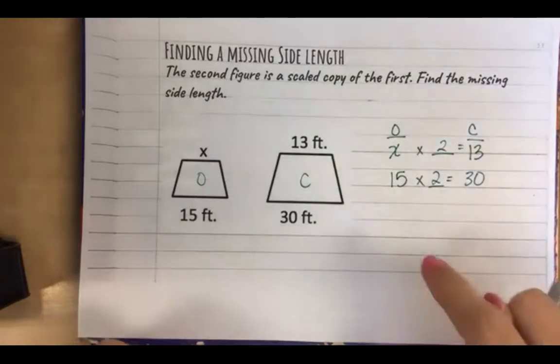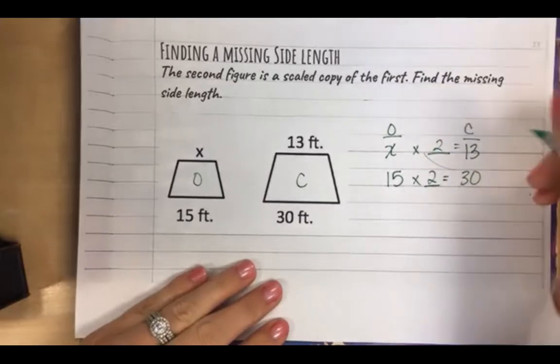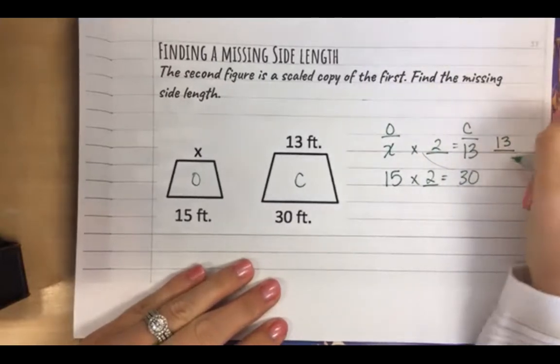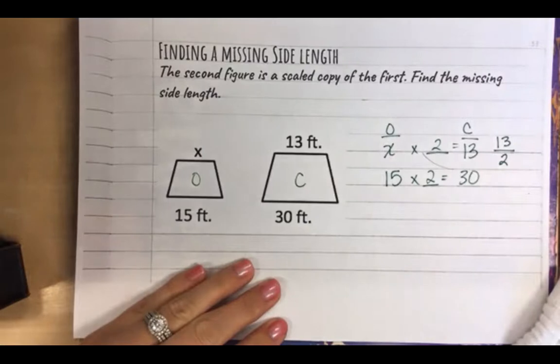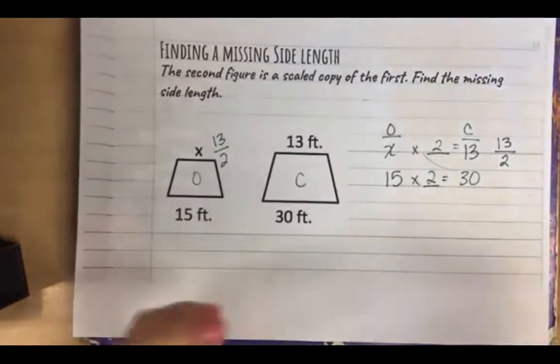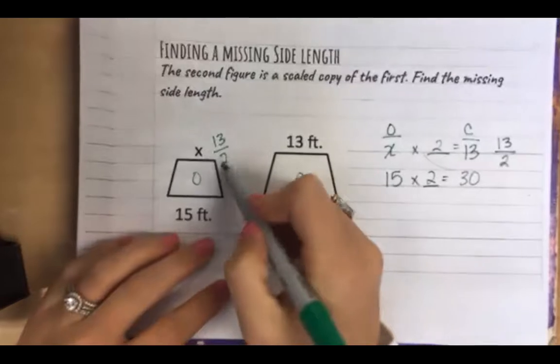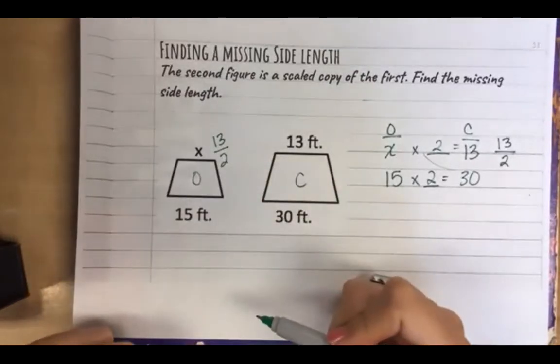Just like we did in a previous question, we're going to use the inverse operation. So I'm going to say 13 divided by 2 to get my answer. I can leave that as my answer for X, but that doesn't really give me a good estimate of an actual dimension. So I'm going to create a whole number with a fraction and then a decimal. 2 goes into 13 how many times?